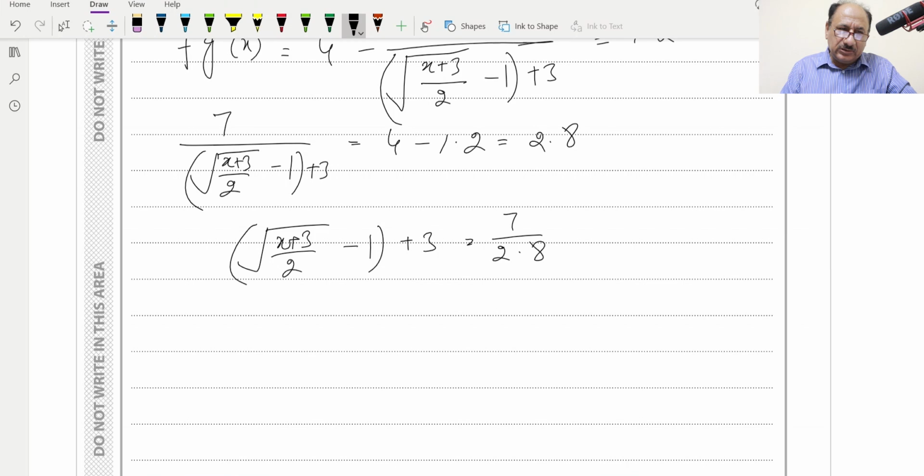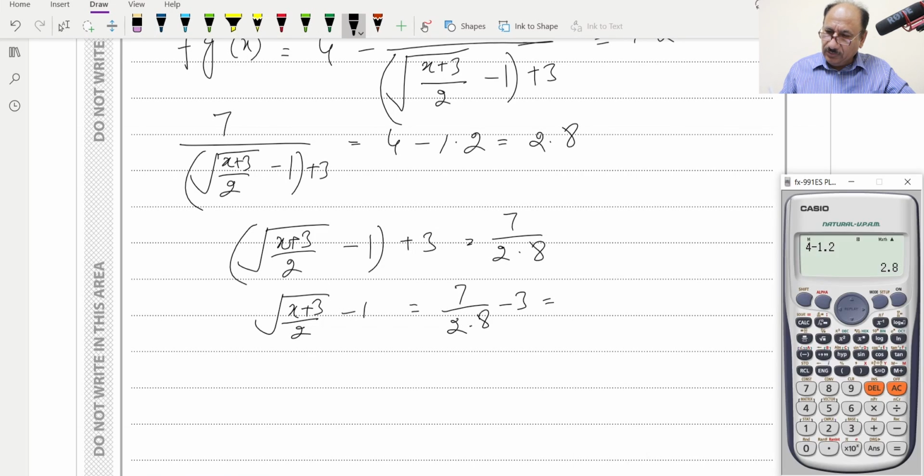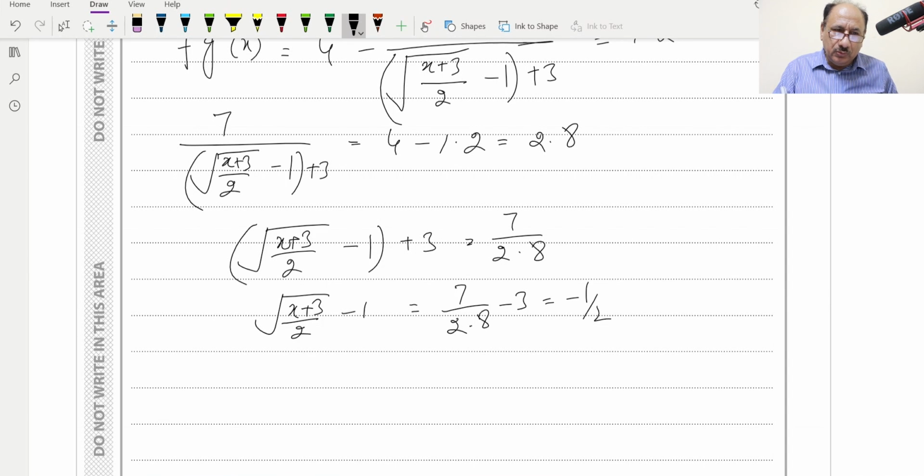Now we can shift 3 to the other side, and this will be (x plus 3) over 2 minus 1 is equal to 7 over 2.8 minus 3, and 7 over 2.8 minus 3 is equal to what? 7 over 2.8 minus 3 is equal to minus 1 by 2.